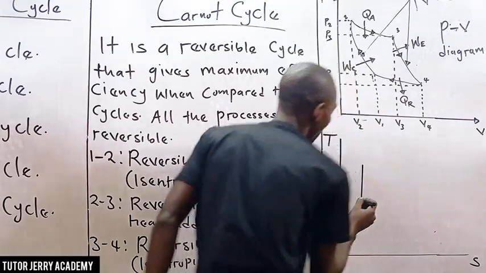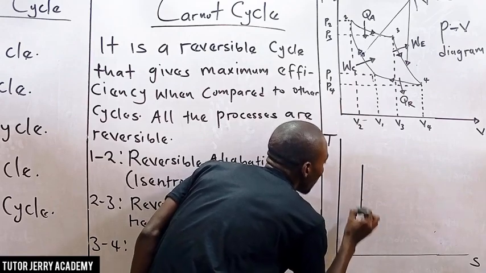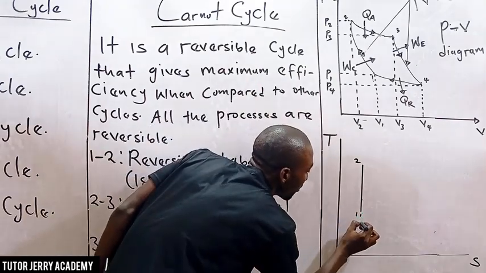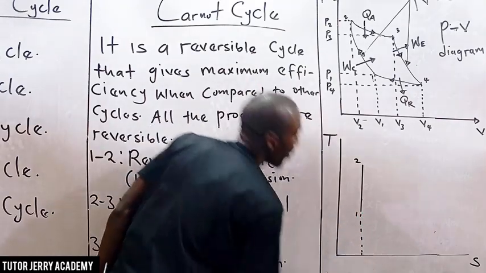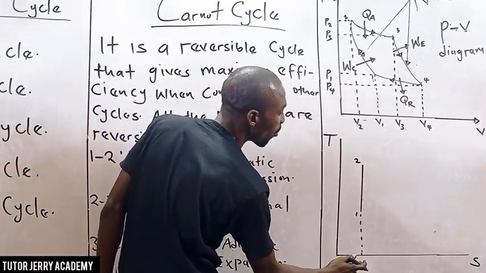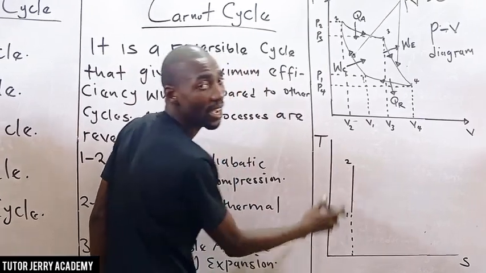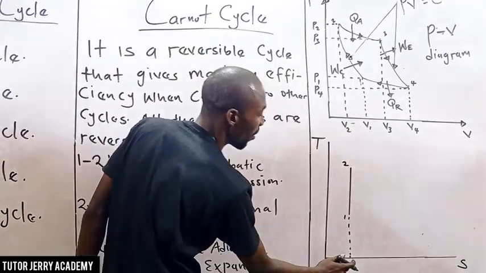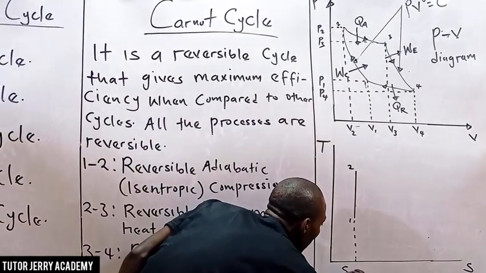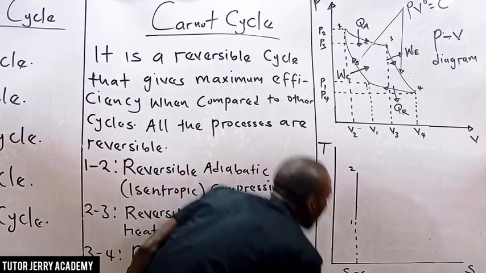All right, so this process is going to move from 1 to 2. All right, and we trace it down. What do you observe? We are having a straight line, right? So it means we are having a constant entropy here. That is, our s1 will be equal to s2.